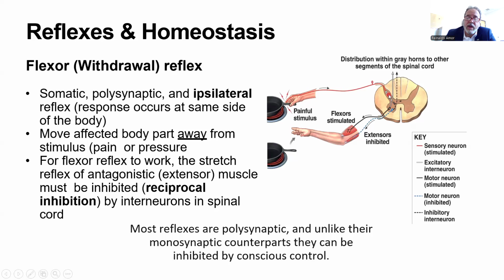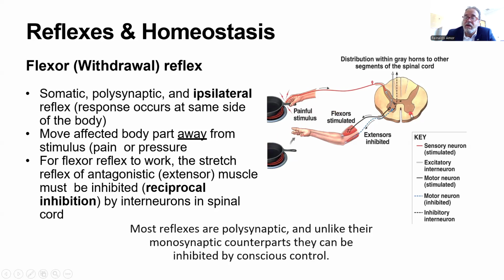The interneuron is going to pass it on to a motor neuron. So this is polysynaptic, and the motor neuron is going to affect the effector organ here, which is the biceps brachii muscle, and it's going to contract, and you're going to flex or withdraw the hand from the painful stimulus.